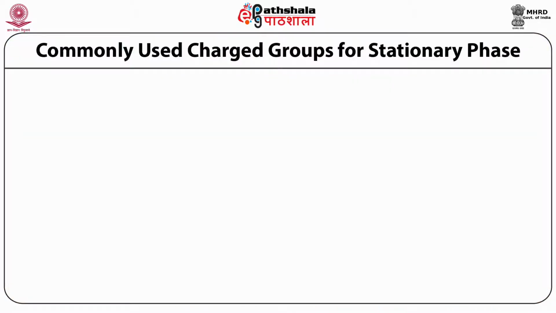There are different types of charged groups that are used for coating the resin in ion exchange chromatography.